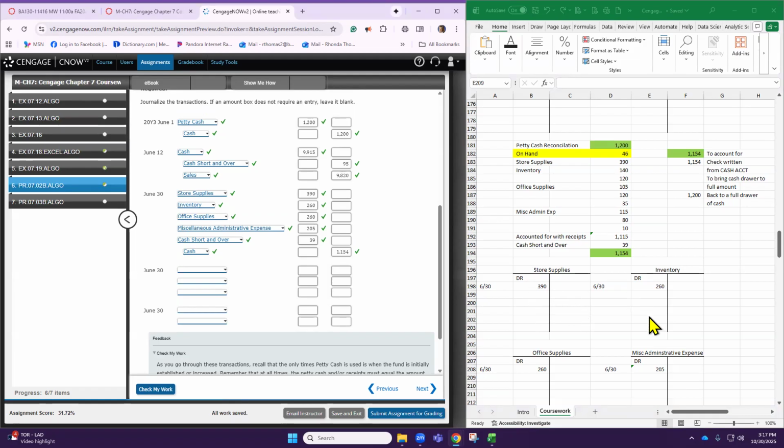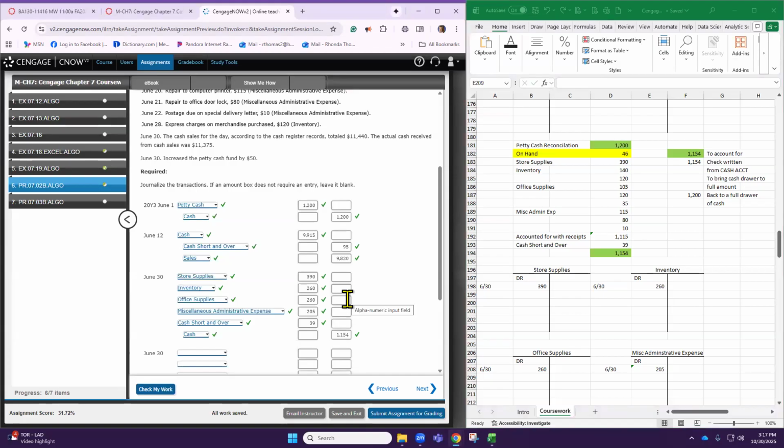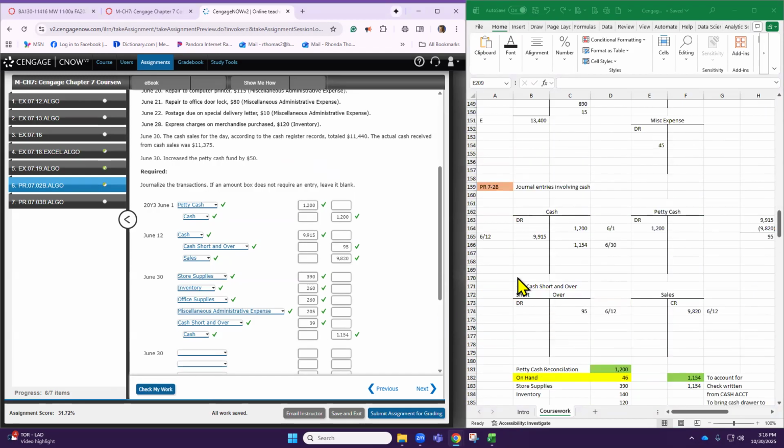All right. So now we're ready for June 30th. So the cash sales for the day. We're going to do another cash sale for the day up here. So it's going to be 630. There's going to be something go in cash, and that's the actual amount. It's 11,375.